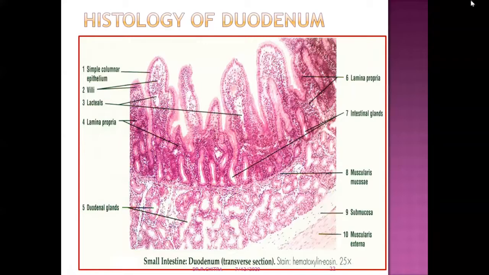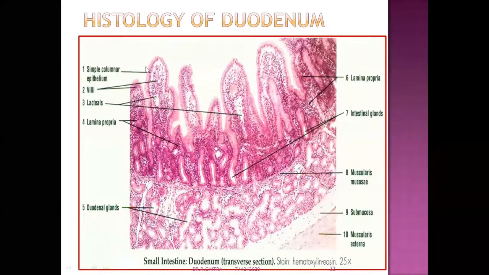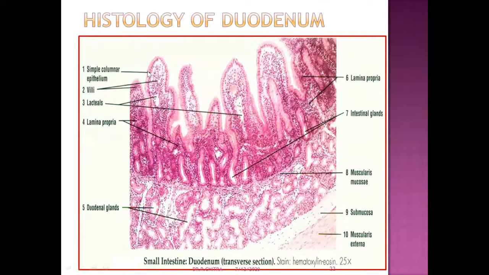So this is again the same image, but it is slightly higher magnification. So we can observe the simple columnar epithelium, villi, and even the presence of the lacteals in the villi is visible. Villi, the crypts are visible, lamina propria is visible, then muscularis mucosa, submucosa is filled with the Brunner's glands.